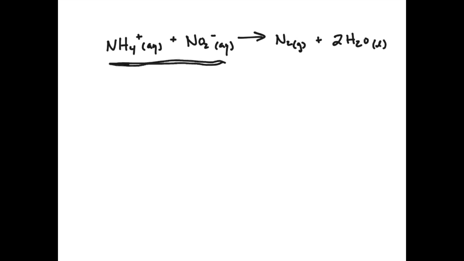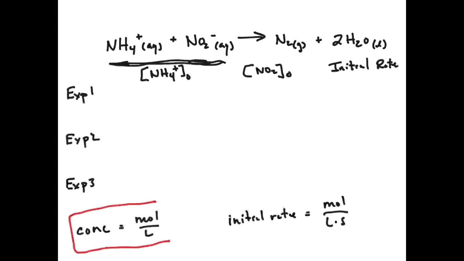All right, before we move on here, we're going to set up 3 different experiments. We'll have the initial concentration of ammonium, initial concentration of nitrite, and initial rate. Now, I'm not going to show this, but concentration is in moles per liter or molarity, and the initial rate is in a unit of moles per liter per some unit of time.